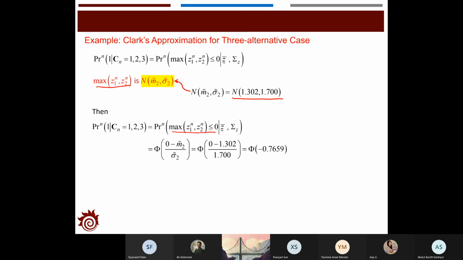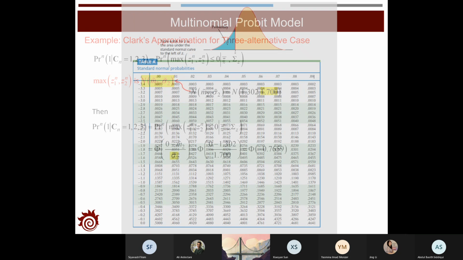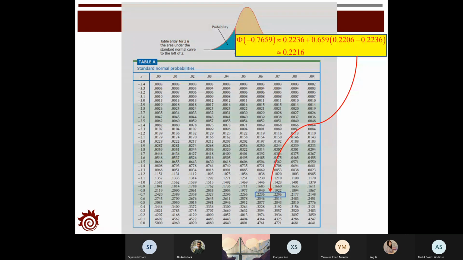So with that, you get the probability of 1 is 5 minus 0.7659. And if we go to check the lookup table for the probability, the cumulative function of the normal distribution, the result would be around 0.2216.